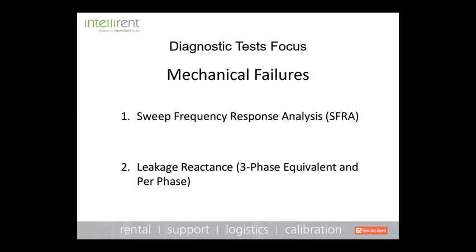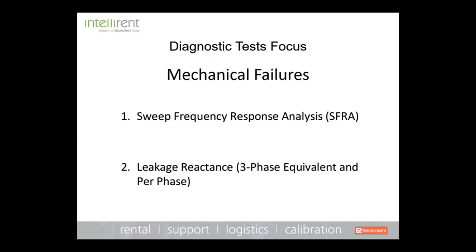That really should be part of your testing process if you don't have any through fault recording, because by comparing the impedance that we're measuring, you'll get a pretty good indication as to whether or not you may have some mechanical damage.